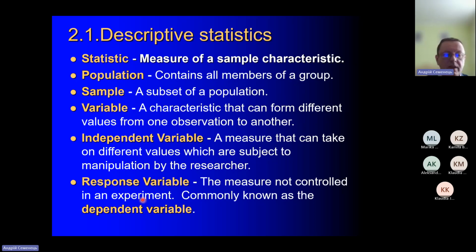So, when we want to analyze our data, we have to identify variables, those characteristics that can take different values from one observation to another. And during our experiment, we deal with independent and response variables, where independent are those measures that can take different values and are subject to manipulation by the researcher. So we can control some of them, it's our input when we change, no matter what we talk about, like we decide, for example, in a simple case, the time interval for observation.